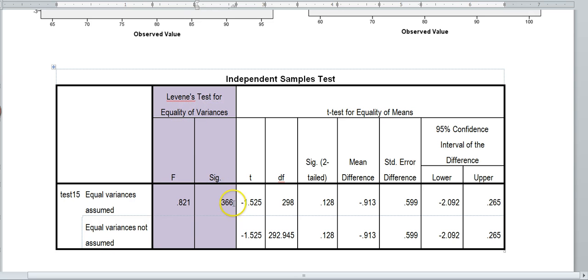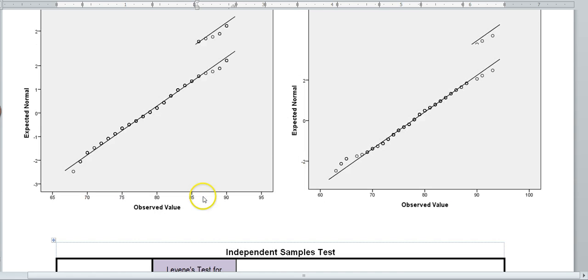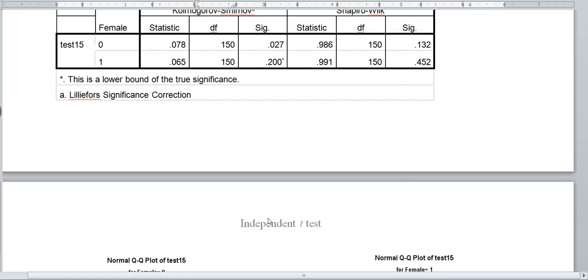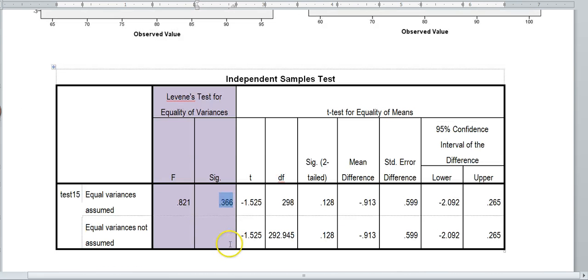And for this one, you do not want it to be less than 0.05, because if it is less than 0.05, much like the normality test, that means it's violating the assumption when you're looking at the assumption test here. So we are glad that it's above 0.05, meaning that the variances are equal enough.